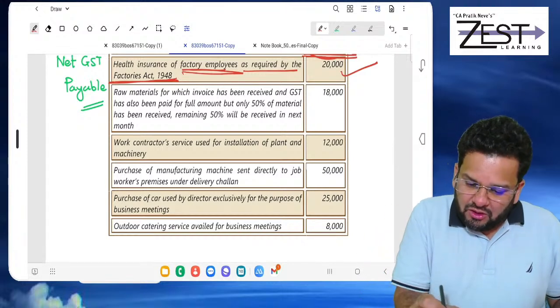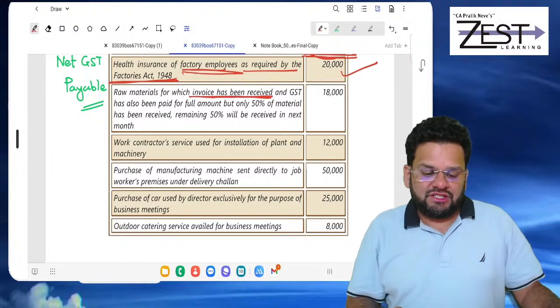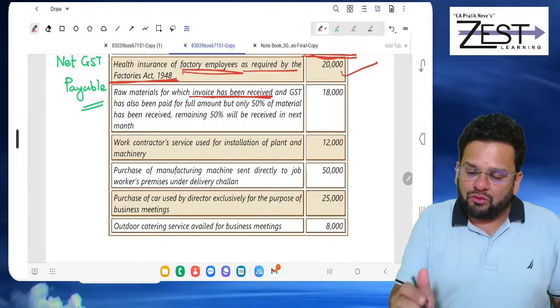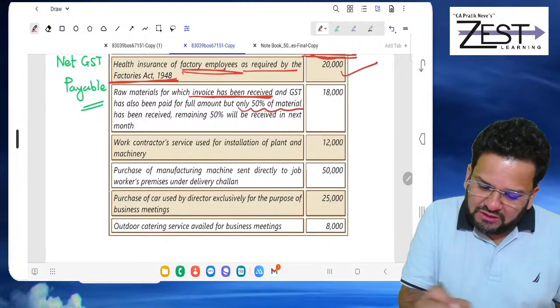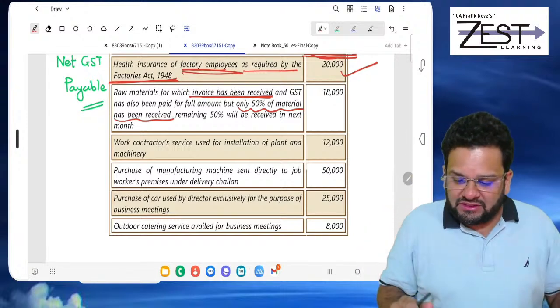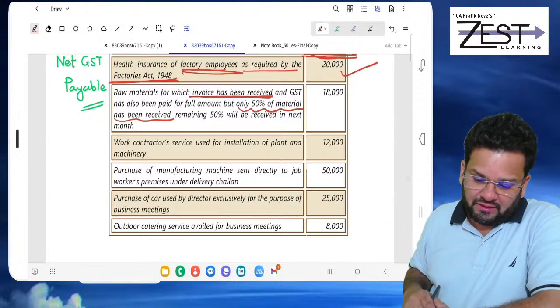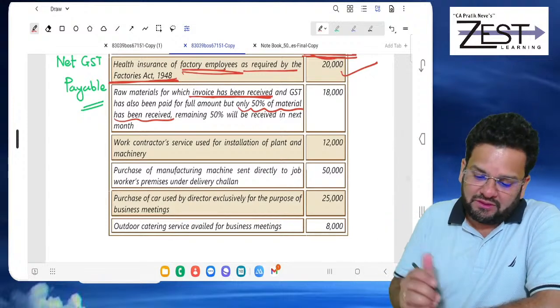Then, raw materials for which the invoice has been received and GST has also been paid for the full amount. But only 50% of the material has been received. So the entire material has not been received. The remaining 50% will be received in the next month. So there is a problem.